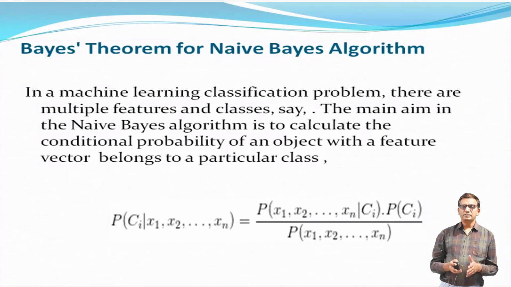Probability of Ci given x1, x2, xn equals probability of x1, x2, xn given Ci, that means probability of x1 from C1, probability of x2 from C2, and so on, times probability of Ci, which is our prior probability, upon probability of x1, x2, xn, which is the prior probability of the denominator.